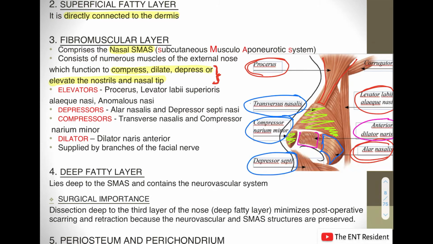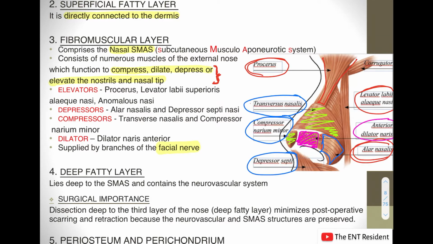So, this muscle over here is the dilator naris anterior. And all of these muscles, all the elevators, the depressors, the compressors and the dilator muscles, they are supplied by one particular nerve, which is the facial nerve. So, this layer is incredibly important because this is responsible for all the movements that we make with our nose.